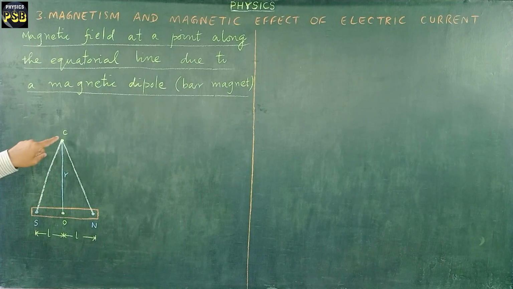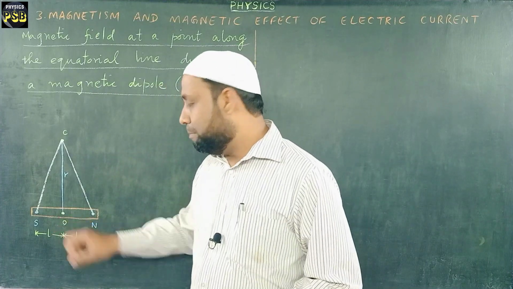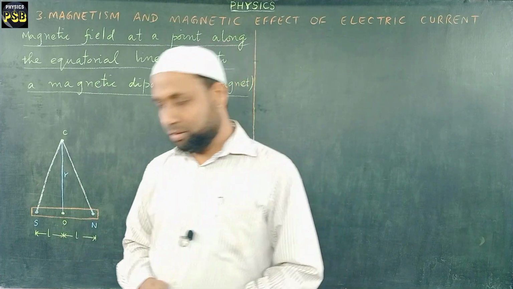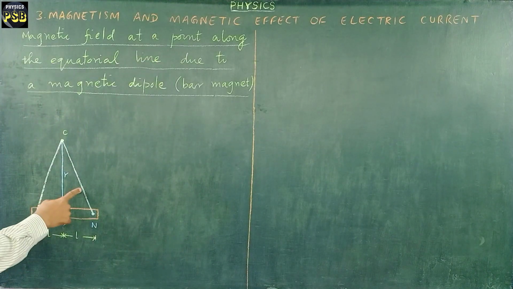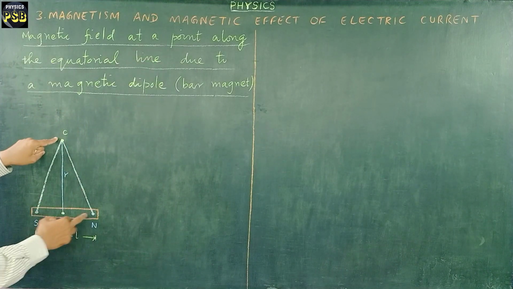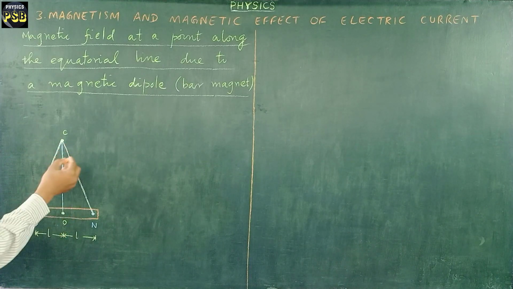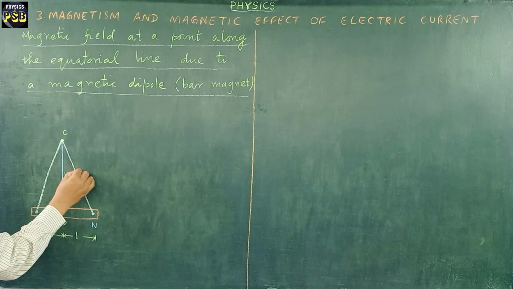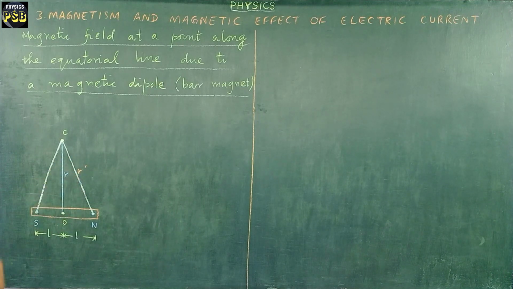Now here, at point C, I am going to find out the magnetic field due to this bar magnet. The line that I have drawn, which connects the point C to the north and the south pole, has distance equal to R dash. It represents the letter R dash.